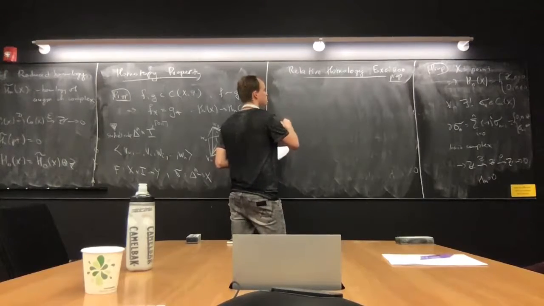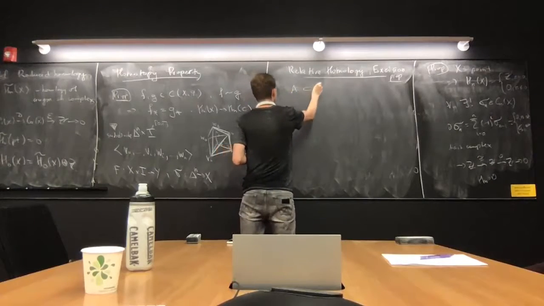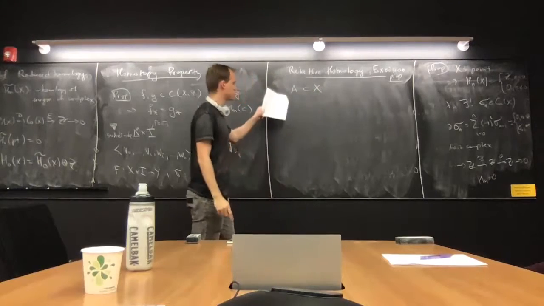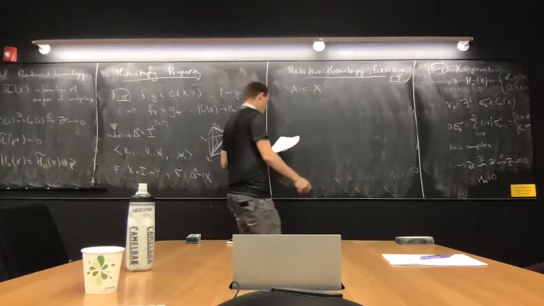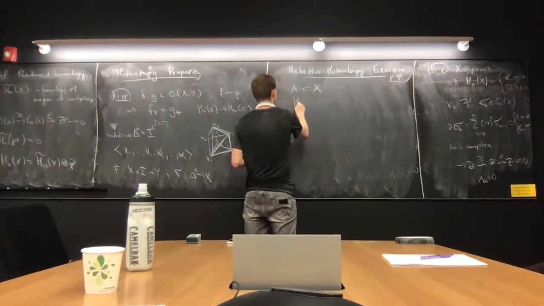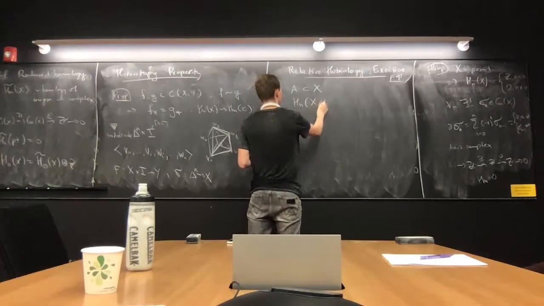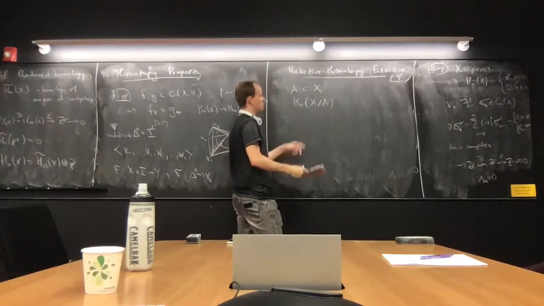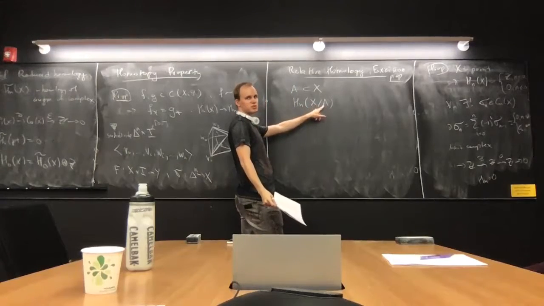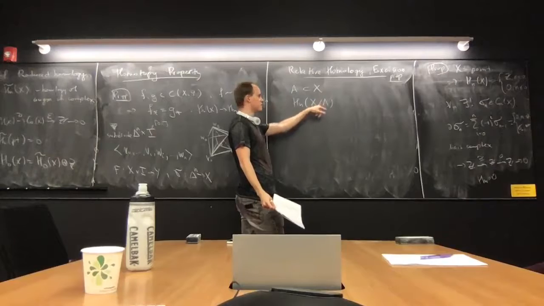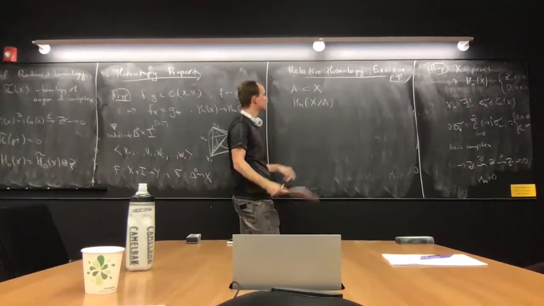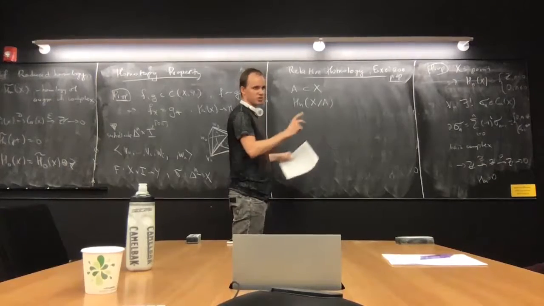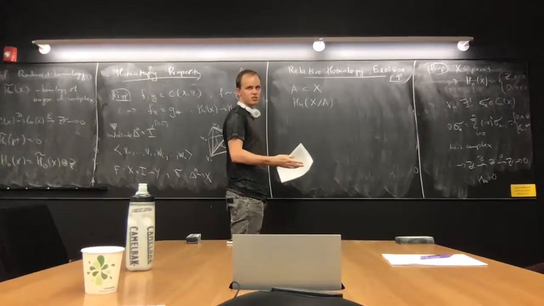Okay, so what's the basic idea here? Let's say we have a topological space X and an arbitrary subset A. It doesn't have to be open, just an arbitrary subset. Then you might ask about the groups: X over A just means we identify all of A into one point, that's the quotient by a subspace. If you identify all of A into one point, how does the homology change?